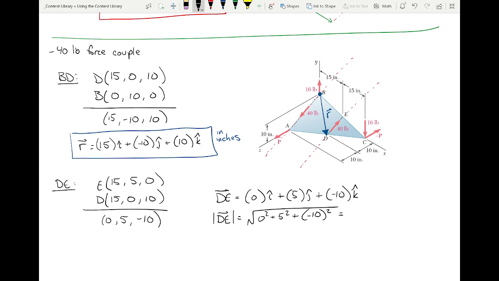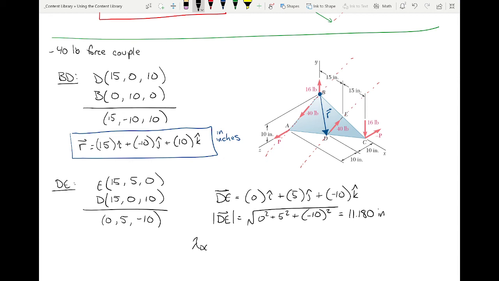I don't think this number comes out all that pretty. So what is this? 11.18. Give me one more decimal place. And that's inches. Okay.